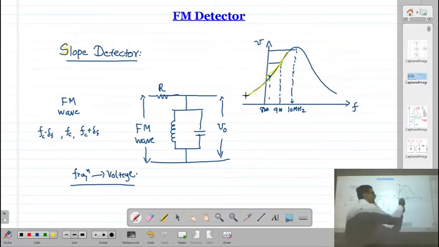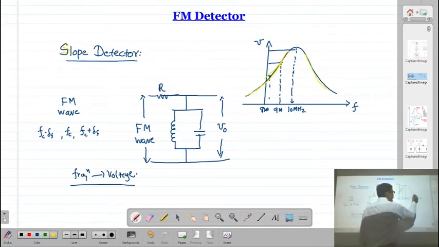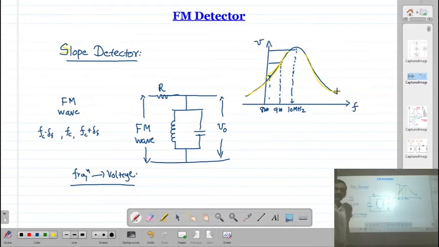In the same way, we can also use this slope of the curve. This curve also gives you the variation of the frequency and the voltage. So this is the basic principle: if we apply a different frequency, then the output voltage of the tank circuit will be different.